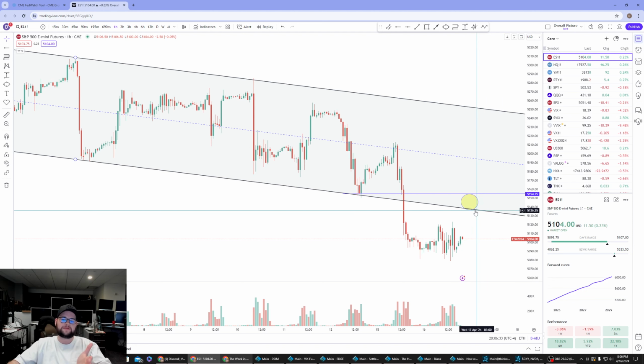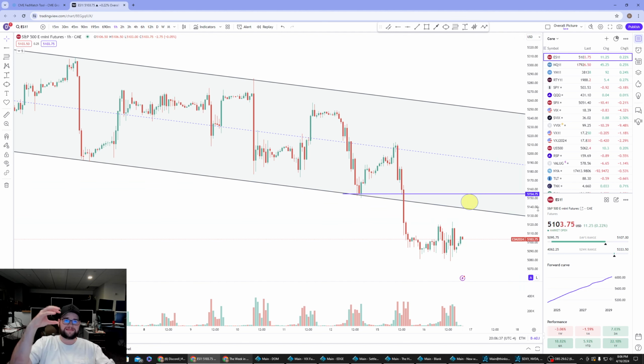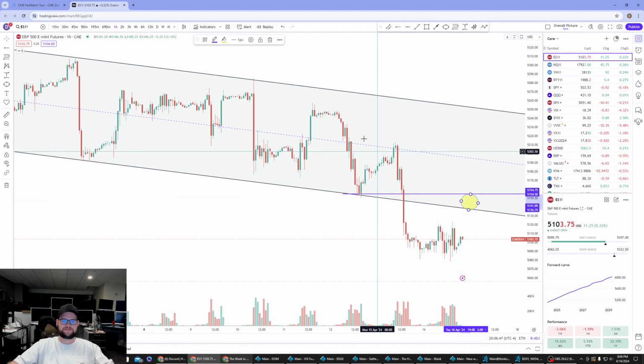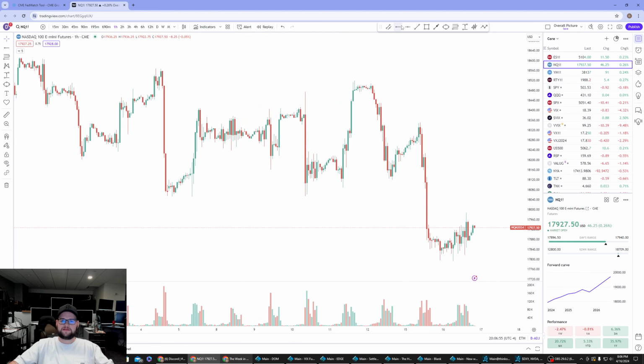If price happens to get above that 51.55 and is able to sustain value and really get higher from there, that's not a good sign for the bears. Essentially, you want that area to defend itself, and you want to see sellers hold their ground and defend there.